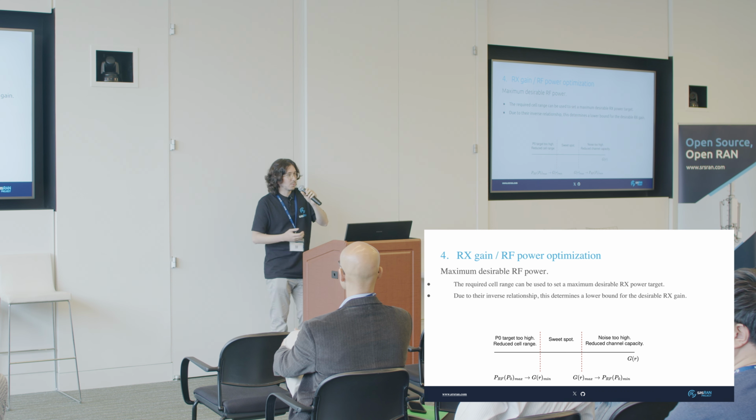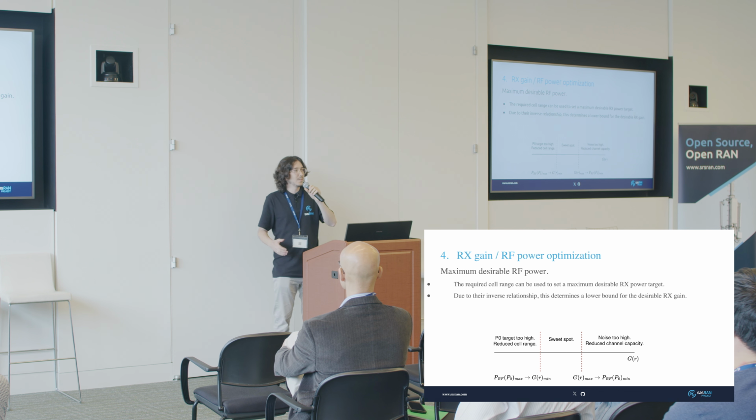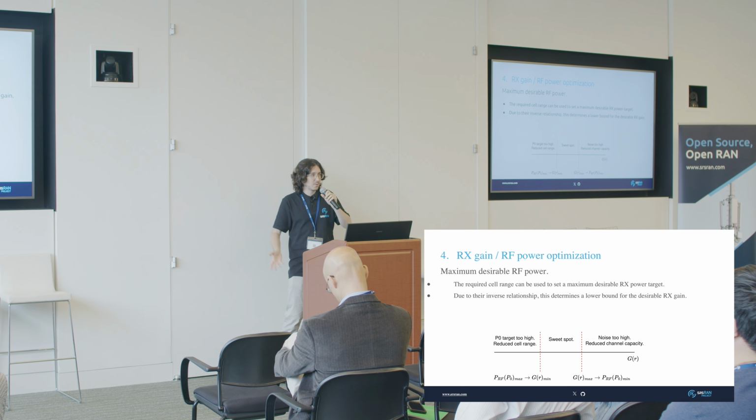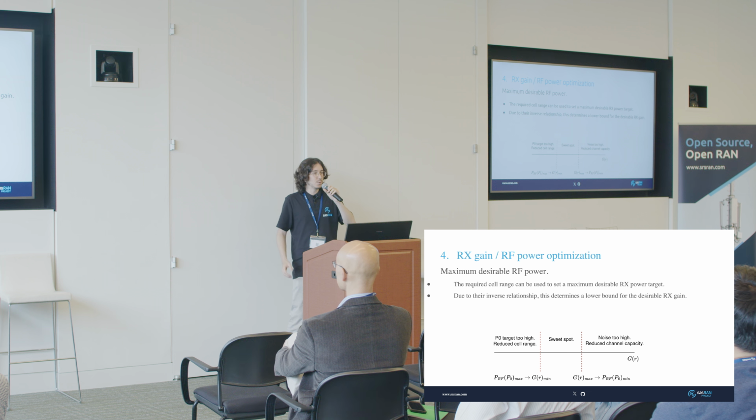As soon as I move it out of the space, it's not going to be able to do so, and then the system doesn't work. This results in a maximum level of RF power that I can expect of the system. And because there is an inverse relationship between the RF power and the receive gain, this results in a minimum receive gain that I should use in the configuration.